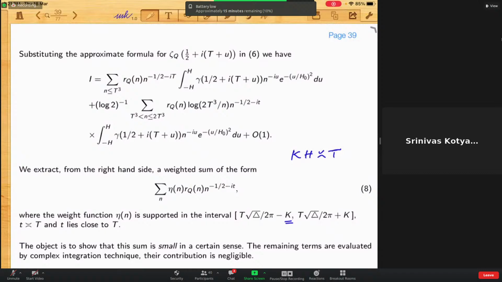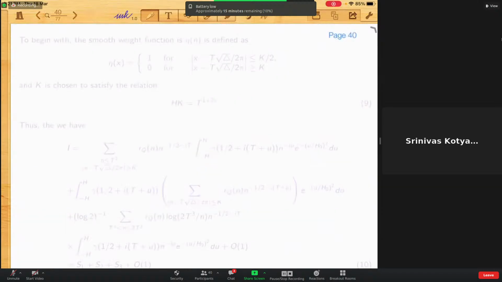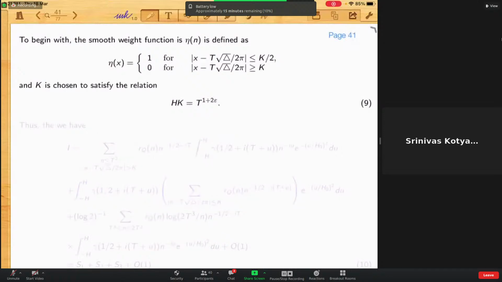So the object is to show that this exponential sum is small. And all other terms, apart from this, can be shown to be very small. They don't contribute anything. They go to error because of Stirling's formula for gamma functions and all. Okay, and also complex integration. All right.